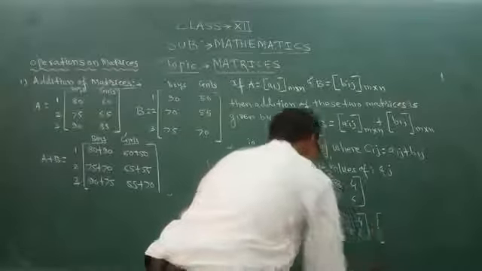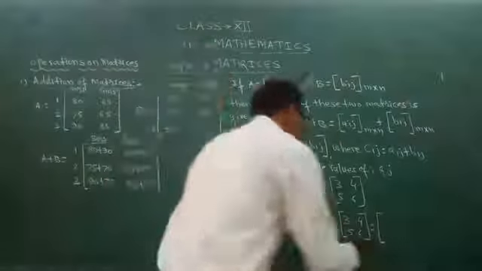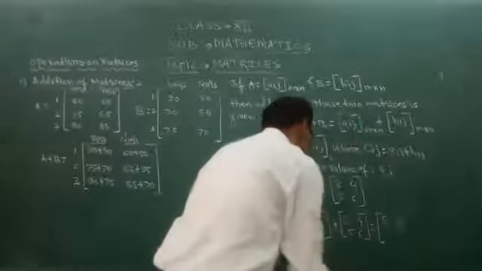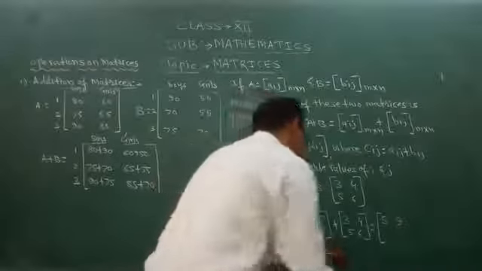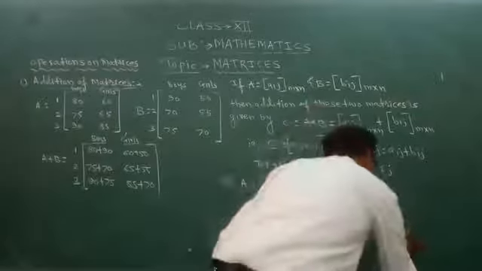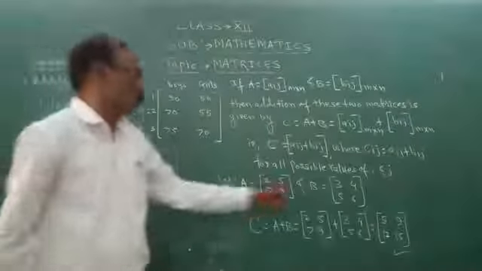You have to add the corresponding elements: 2 plus 3, that is 5, 5 plus 4, that is 9, 7 plus 5, 12, and 9 plus 6, that is 15. So this is the matrix which gives us the addition of these two matrices.